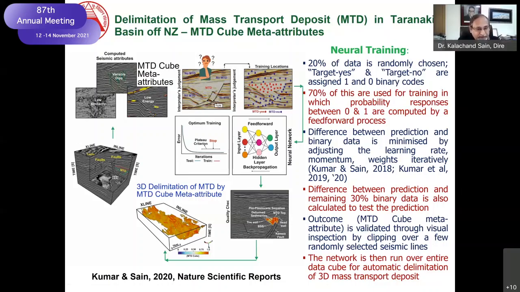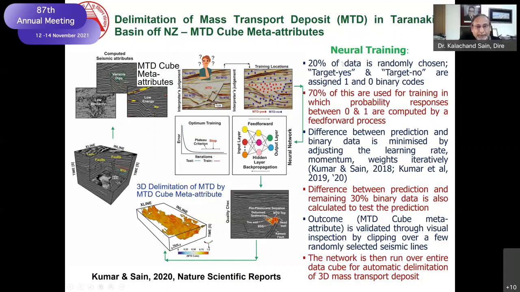Those who are familiar with the system know how we can minimize this difference between the prediction and observations iteratively by changing the different set of learning rate, momentum, and weights. Then when we get this type of fit and a plateau, and parallelly we also see that the machine has learned properly.